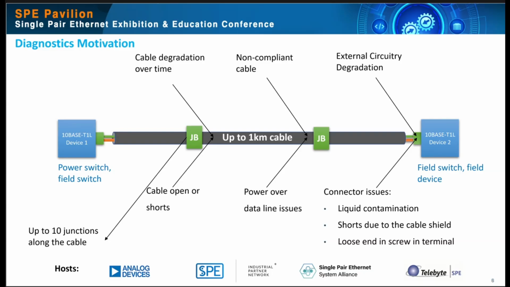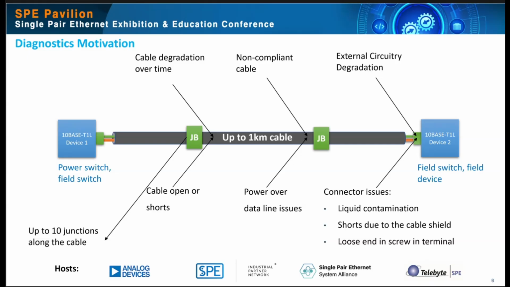So you've got things like junction boxes within that 1,000 meters of cable. Those are potentials for discontinuity, with connectors misaligned or wearing out or whatever. So those are potential issues. You have non-compliant cables.